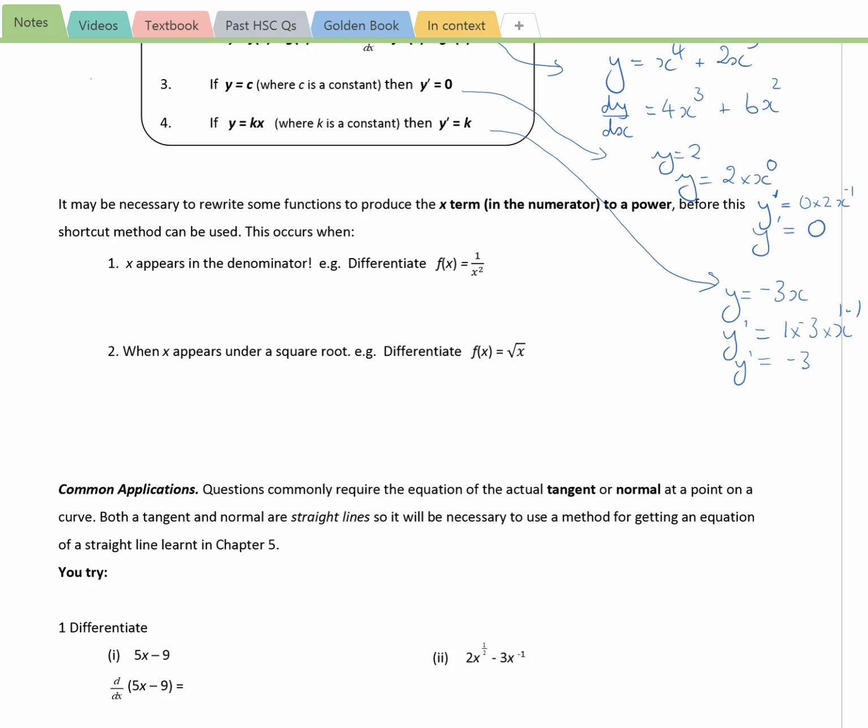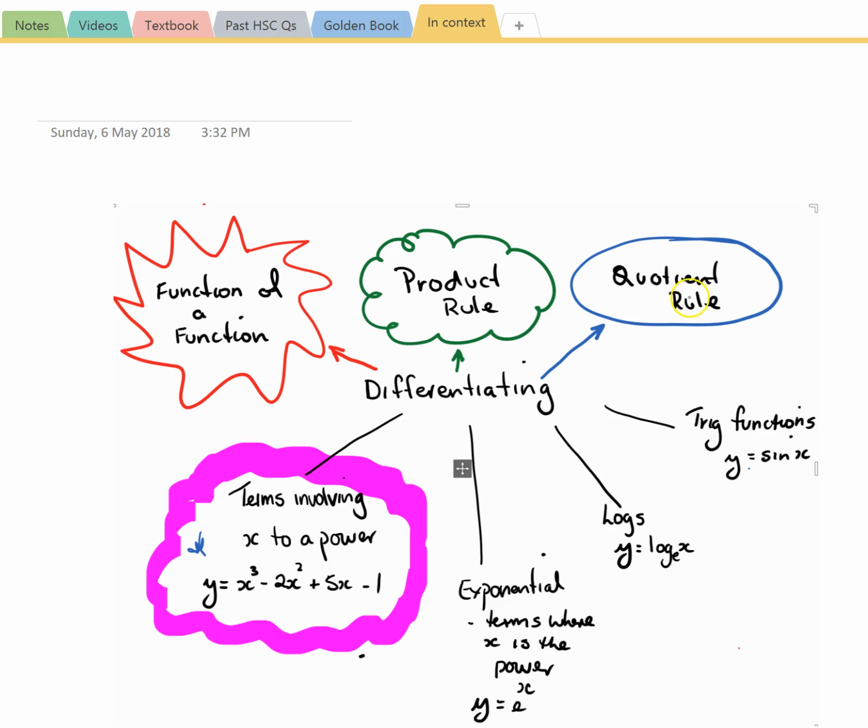Now remember, these are differentiation rules for when you've got x to a power. Now, this rule, unfortunately, does not cover the situation where x is in a denominator. So the rule does not apply when x is in the denominator. We will learn another rule, the quotient rule, and that is how we will differentiate when x is in the denominator.